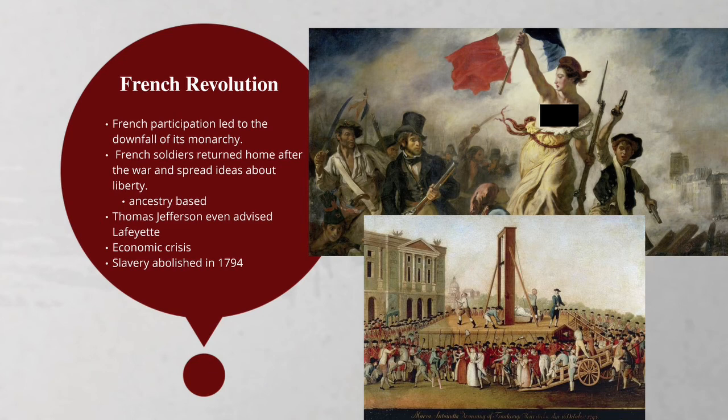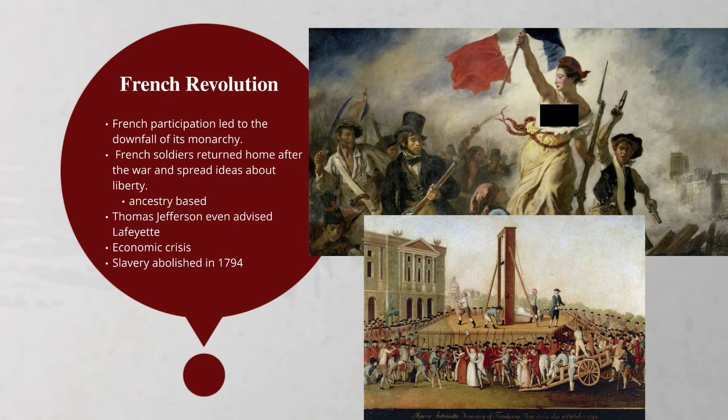Now they're still being run by a monarchy, but that's ultimately going to be the monarchy's undoing. In the past, you lived your life according to your ancestry, right? So whatever your father did, you did.